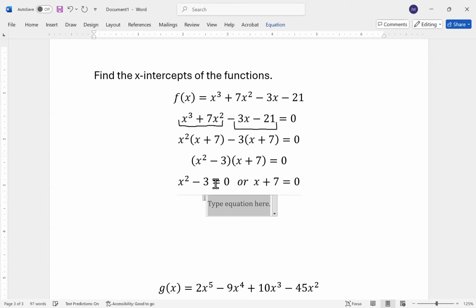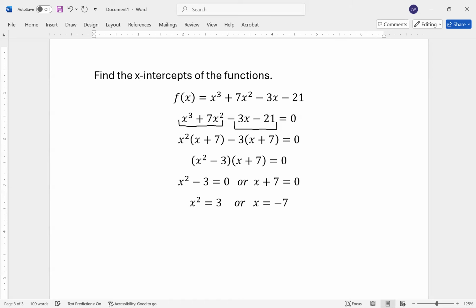In the first case, when I add 3 to both sides, I get x squared is equal to a positive 3. In the second equation, if I subtract 7, I get x is equal to negative 7. I still have an x squared here, so what I would do is take a square root of both sides. Make sure when you do that, you take the positive and the negative square root of 3.